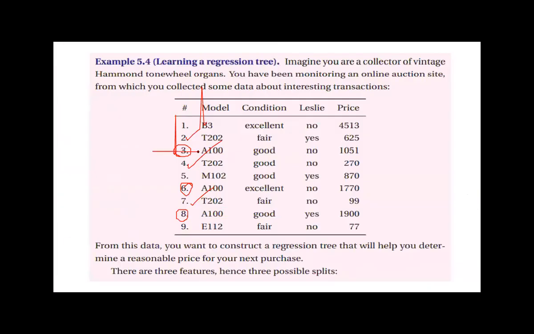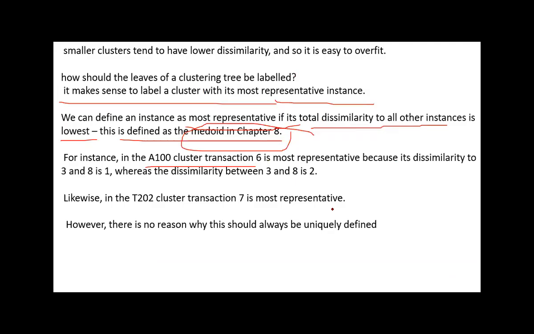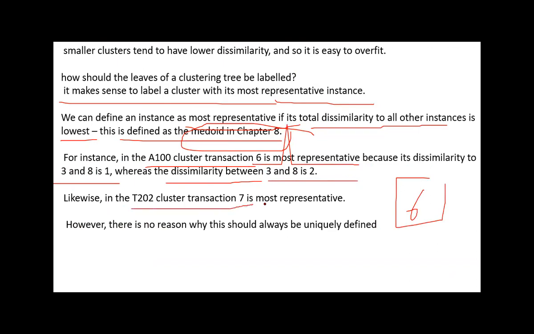In 368, 6 is the most representative because its dissimilarity to 3 and 8 is 1, whereas the dissimilarity between 3 and 8 is 2. So we can name this label as 6. Likewise, for 202 transaction, 7 is the most representative.